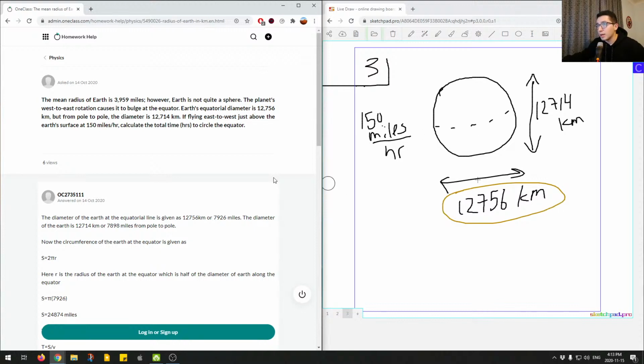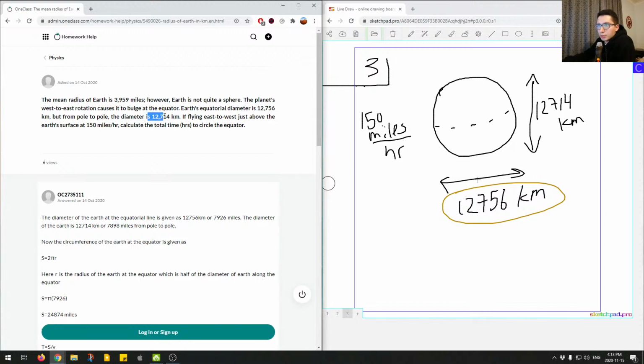One thing to notice about this physics problem is they give you a bunch of numbers, but you have to figure out which numbers you need and which ones you don't. So right away we can cancel out this one. We don't really need this number. Usually a good way to start off is to write out all your givens and then put a star beside the numbers that you will use, or put an X beside the ones that you don't use. This will help you keep track of information. So we know this number is not really useful either.